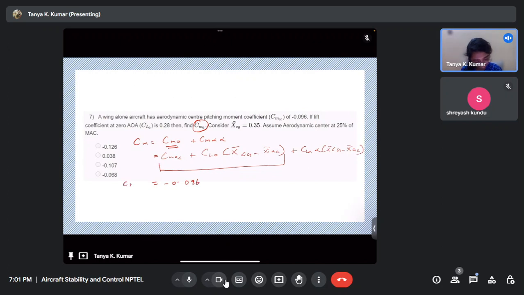So I'm just writing Cm naught, plus CL naught is 0.28 and x bar CG is 0.35 and x bar AC is given as 25% of mean aerodynamic chord, so minus 0.25. Okay, so then what do you get? So it is minus 0.068. Okay, so that is the right answer. Okay, let's move on to the next question.